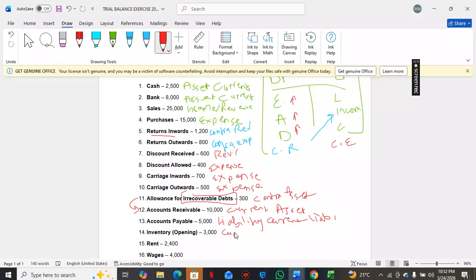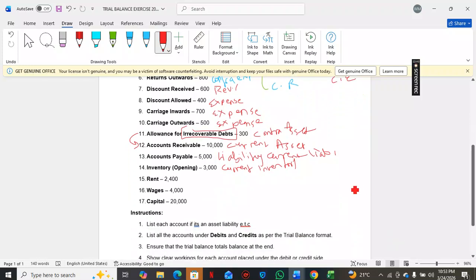Your inventory has to be used up within a year. That's only if you are a business like, let's say, one that sells cars, where you find your inventory can sit for 2 years, 3 years, it hasn't moved. Rent, wages, self-explanatory. These are expenses.